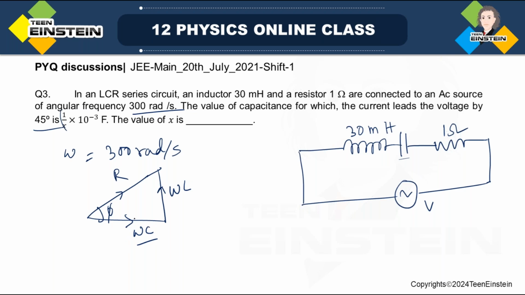Anyway, what I'm trying to say is that tan phi will be y by x. What is that y by x here?